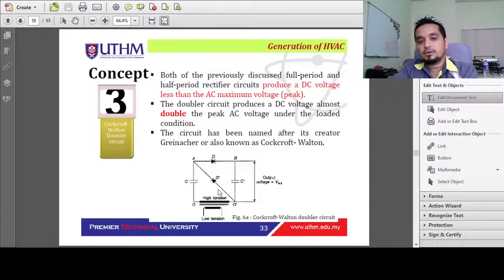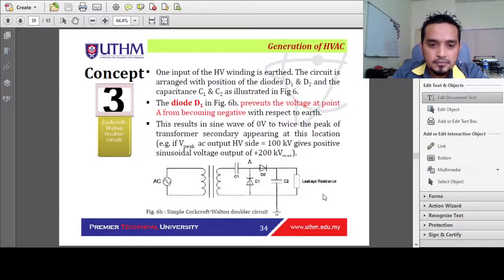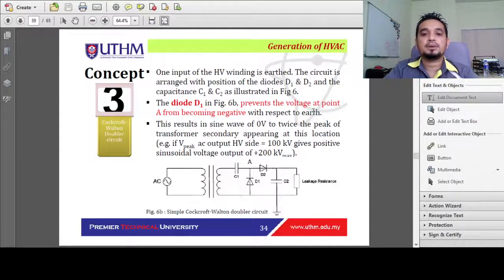The arrangement of the diodes is in this configuration. As illustrated, diode D1 in figure 6b prevents the voltage at point A from becoming negative with respect to Earth. That's why it's double.